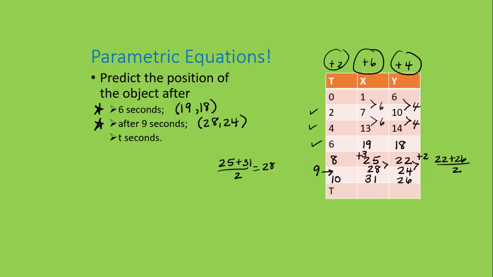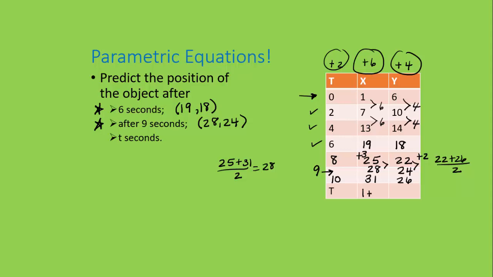But where did it start? This row is very important for figuring out parametric equations. Here's what I'm about to figure out. If time is t instead of a number, what formula can I make with a t in it that'll give me the value of x that I want? Well, you always start with the initial position. x started at 1.